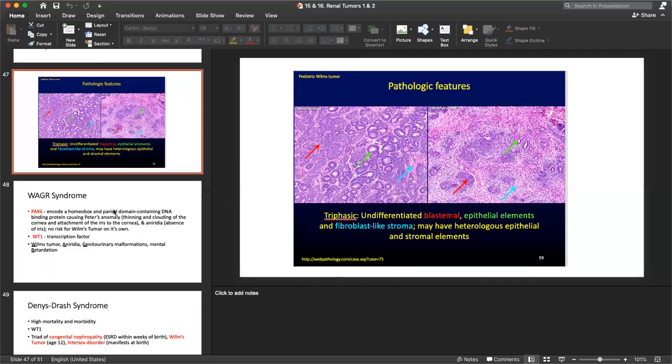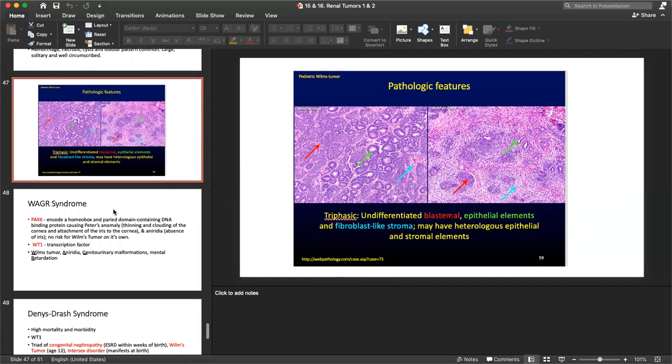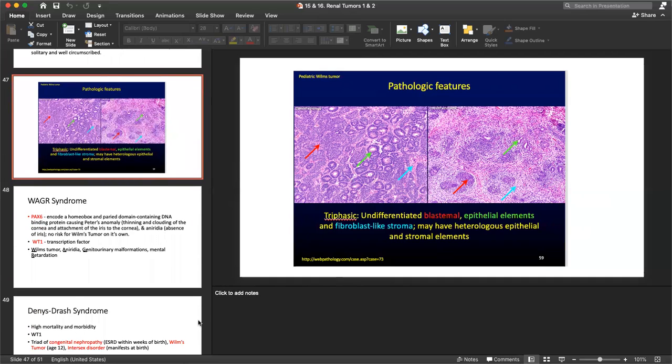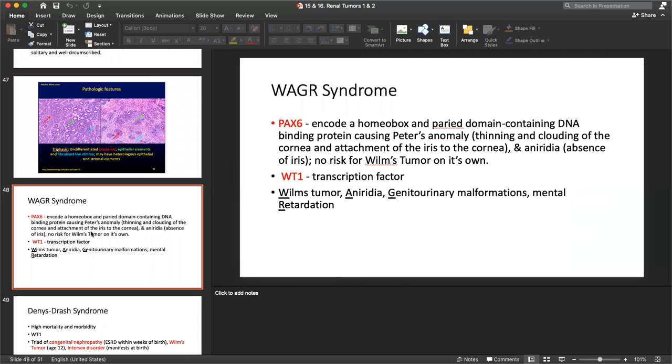So let's look at Wilms tumor. So this is Wilms tumor. WAGR syndrome goes along with this. It's got PAX6, WT1. WAGR stands for Wilms, aniridia, genitourinary malformations, and then intellectual disability.